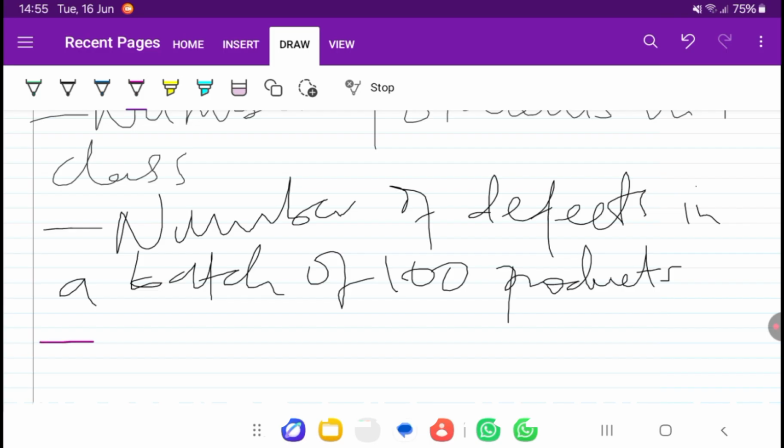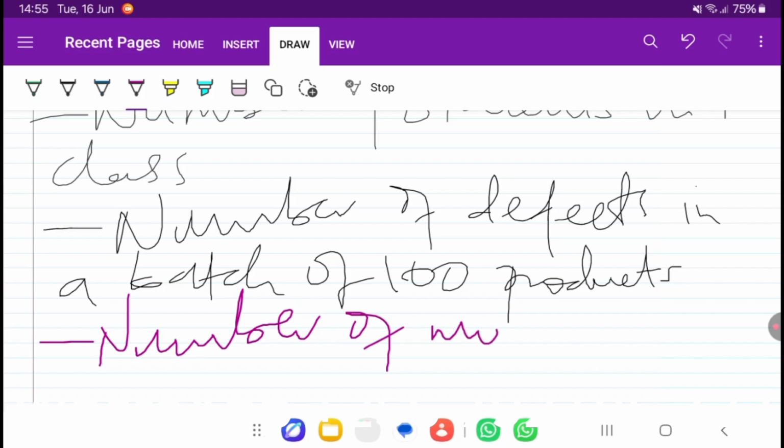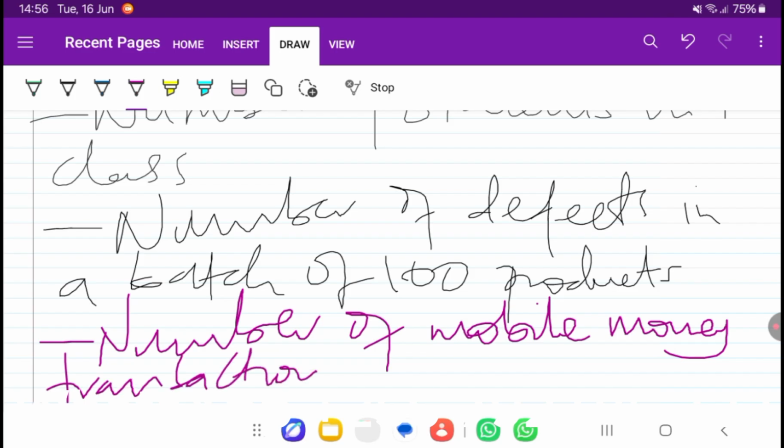The other that we can talk about is maybe the number of mobile money transactions per day. Because there is no way you are going to say I made maybe 2.5 transactions.